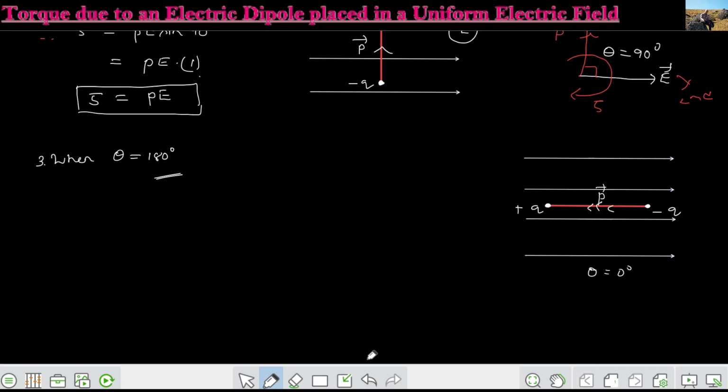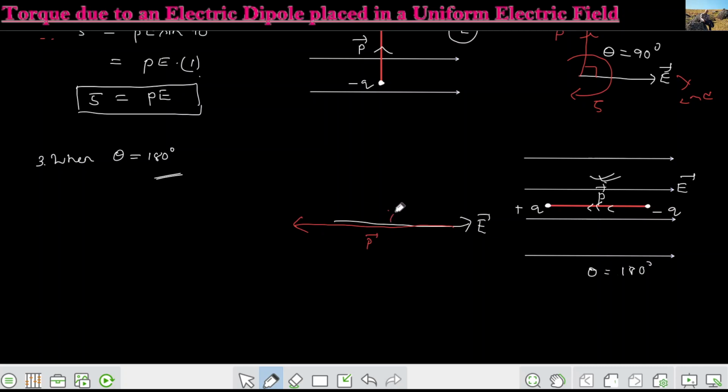So in this case, what will happen? Our angle will be equal to 180 degree. Let us reproduce it. This is the direction of E, and all these vectors will be your E vector. Then the electric dipole moment vector will be this vector, acting in the opposite direction.